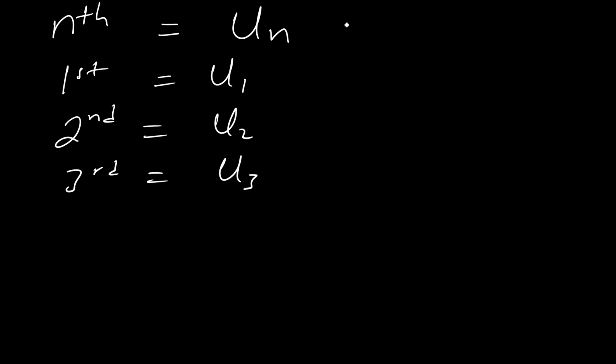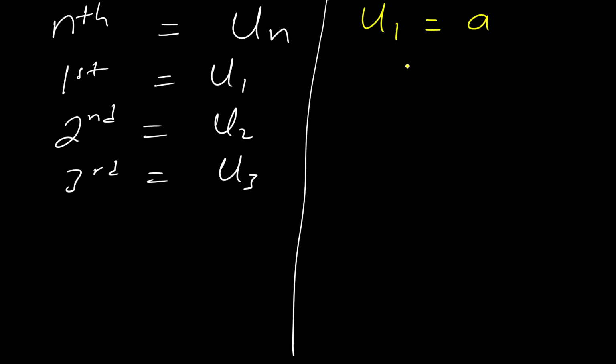Now let's deduce the formula for finding the AP. We said the first term, that is U1, is the same as what? A. To get the next term, we have to add the common difference.